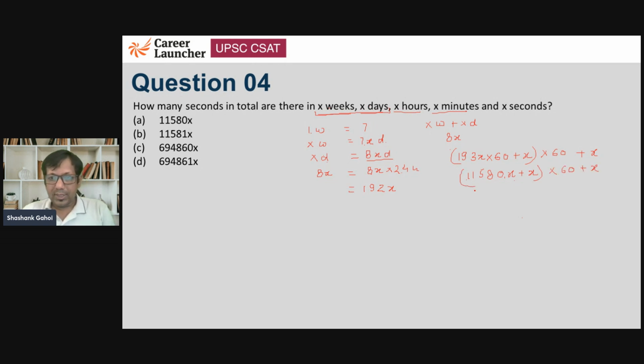So this is going to be 11581x into 60 plus x. 6 8s are 48, 6 5s are 30 plus 3 is 33. So this is going to be 9x plus x. This value comes out to be 69486, and that's going to be our option D.